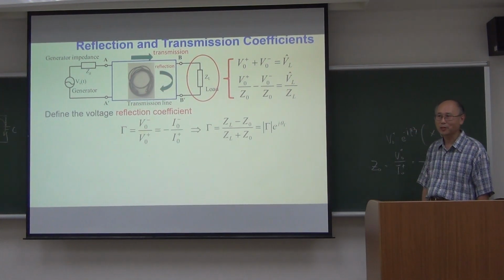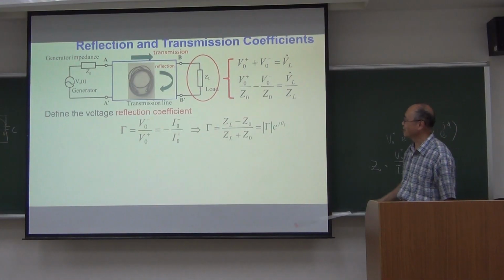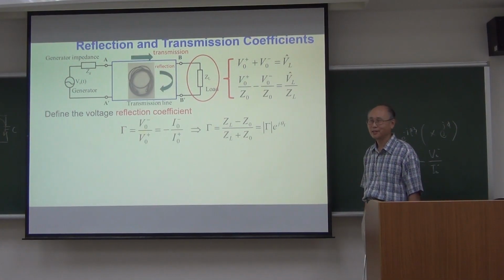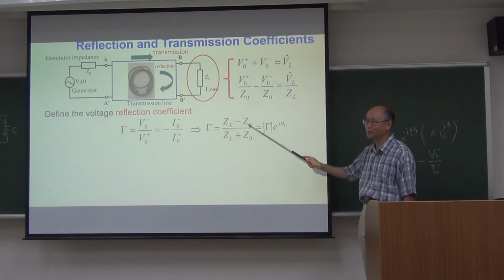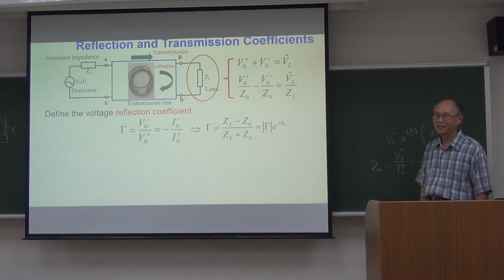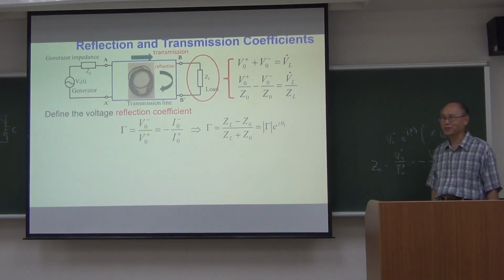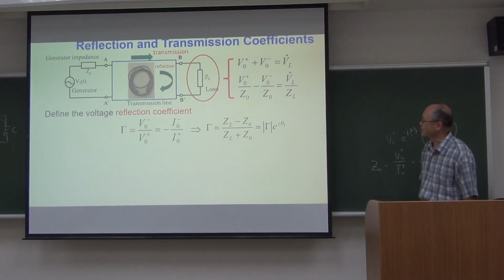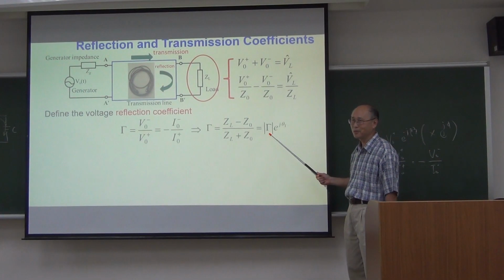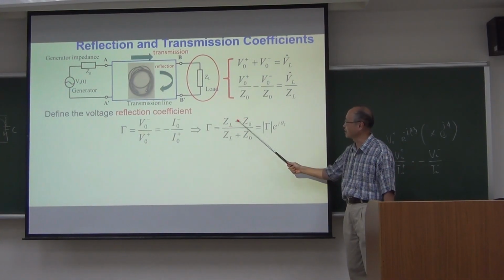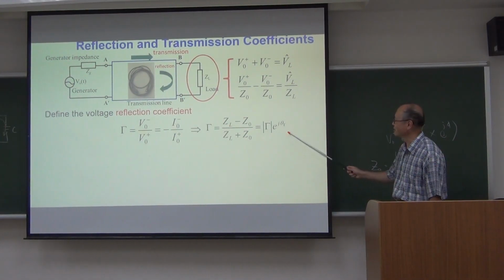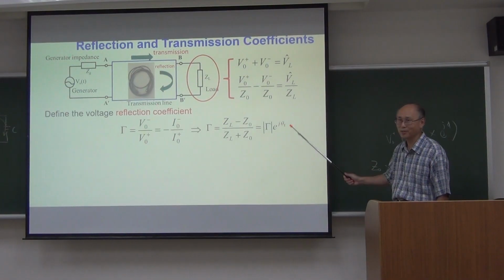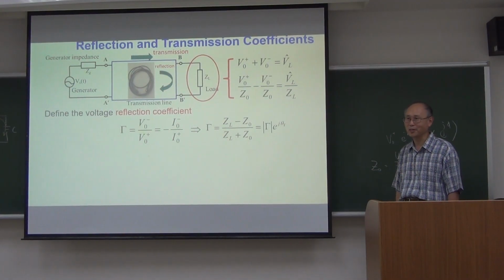With the definition of the characteristic impedance, the formula looks nicer, even though this is, from my point of view, unphysical. But the formula looks nicer, easier to understand. And in general, this is a complex number because those can be complex numbers, so there's a phase associated with it.